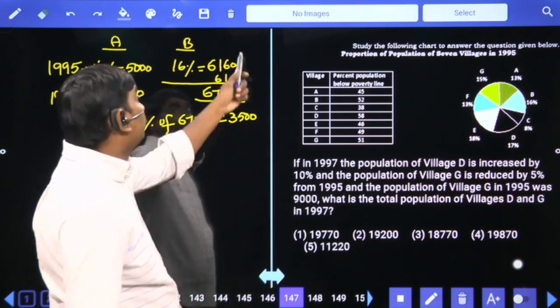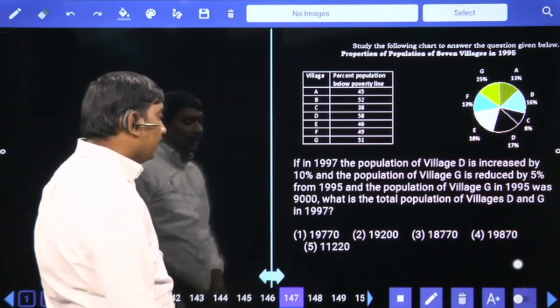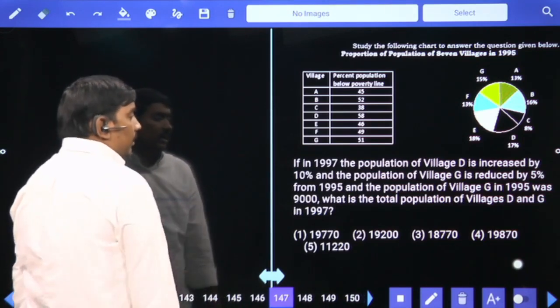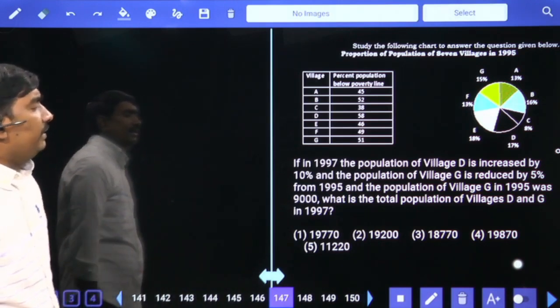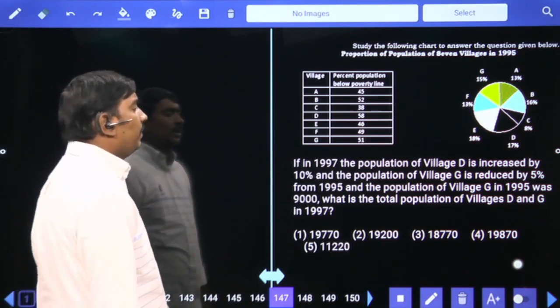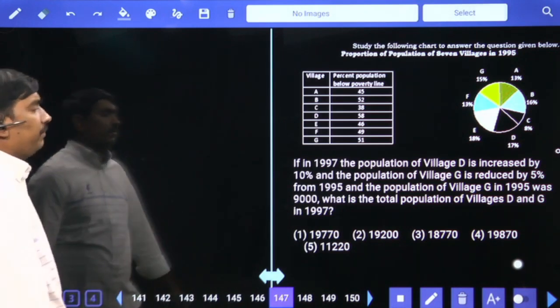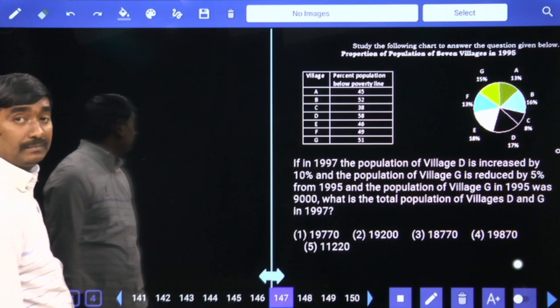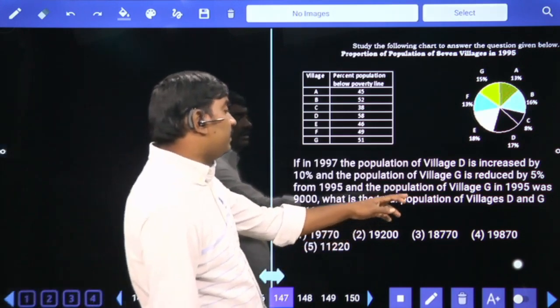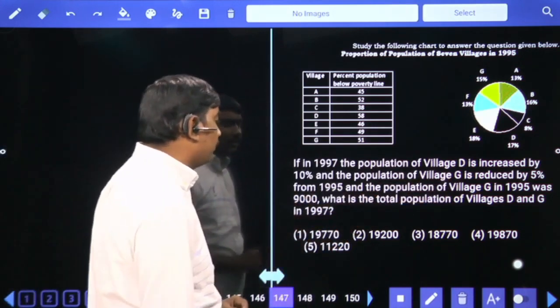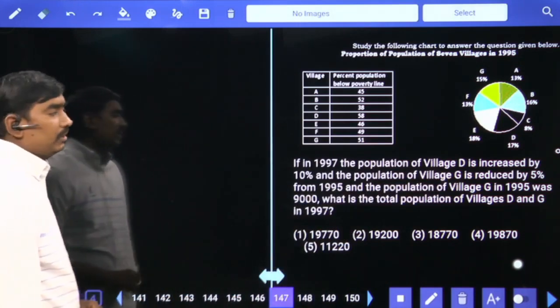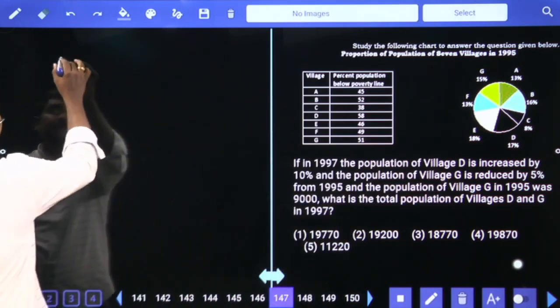Next, if in 1997 the population of village D increased by 10% and the population of village G reduced by 5% from 1995, and the population of village G in 1995 was 9,000, what is the total population of D and G in 1997?